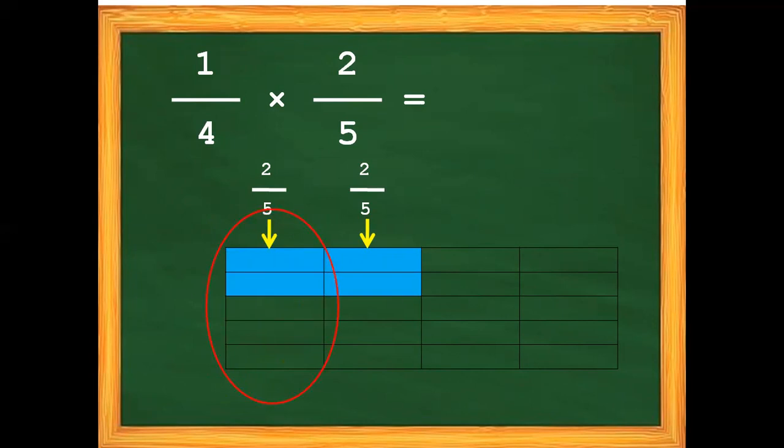We divide this whole rectangle into 5 small parts. Then we shaded 2 parts to show 2/5. So this is the first 2/5, and this is the second 2/5. Now, let's combine them together, the 1/4 illustration and the 2/5 illustration.